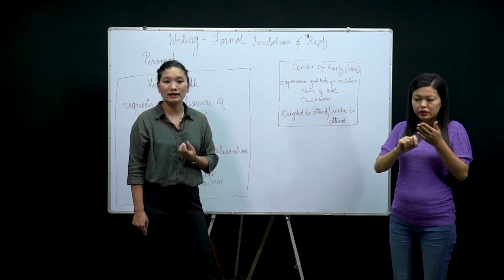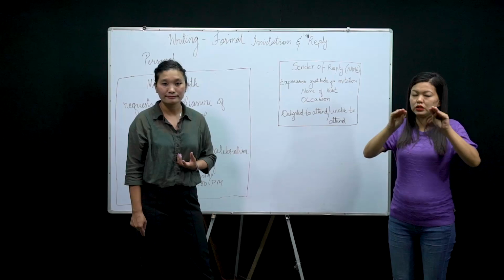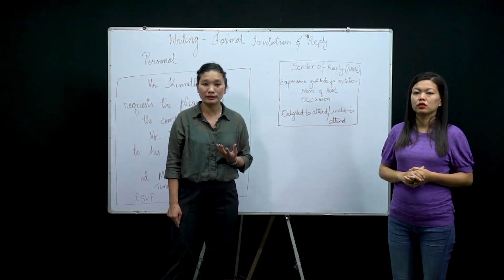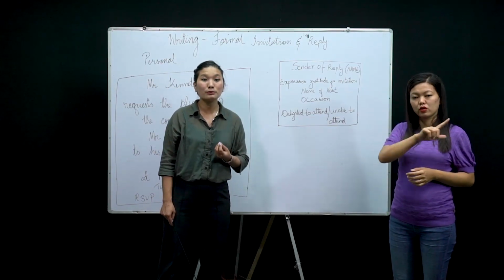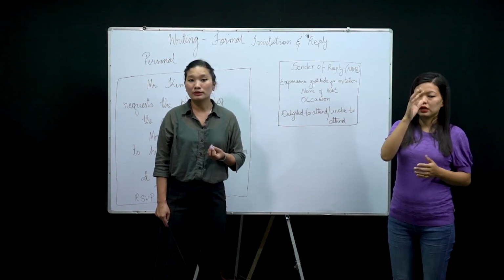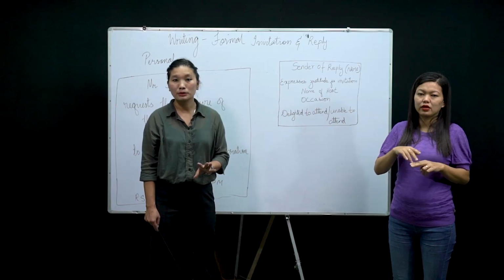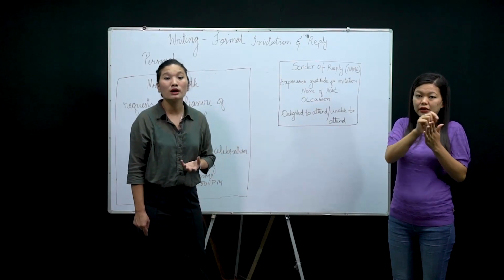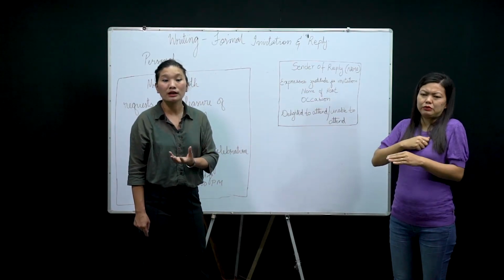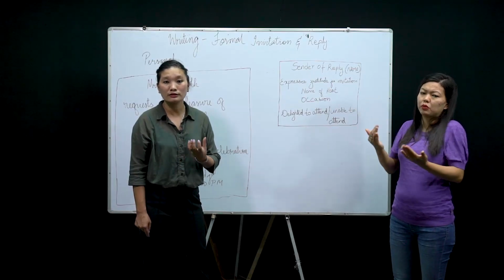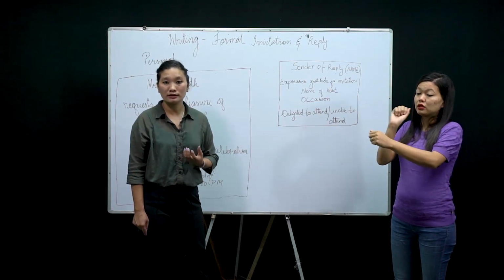Those kinds of lame reasons will not be acceptable. I know none of you will write that reason, but if you feel that that is not a very valid reason, better not write it. Because that reason will just show how much you consider that friend, how much concern you have for that friend who has given you the invite.